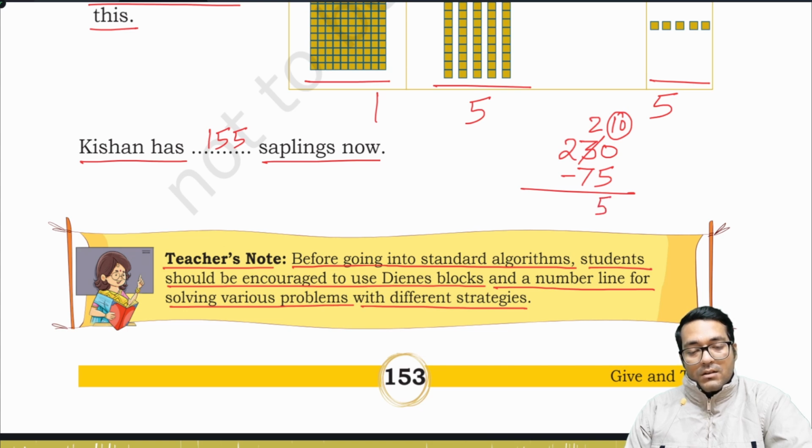Since you can't take out 7 tens from 2 tens, 100 is taken from 200. So this 2 becomes 12. 7 subtracted from 12 will give you 5 and 1 remains there. The answer is 155.